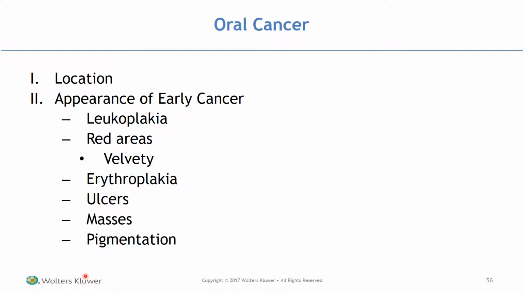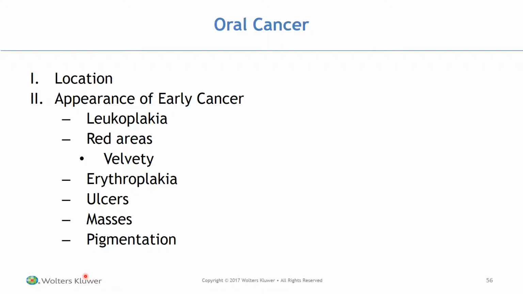Salivary glands contain different types of cells that can also become cancerous. Because the early lesions are generally symptomless, they may go unnoticed or unreported by the patient. So observation by the dentist or yourself, the dental hygienist, is the principal method for detection of oral cancer.